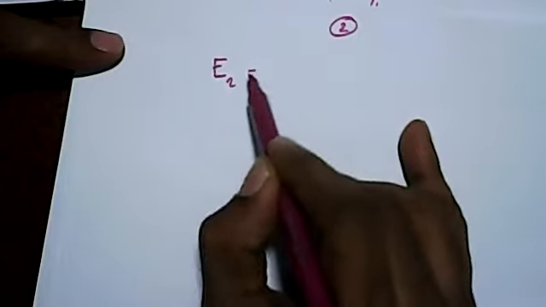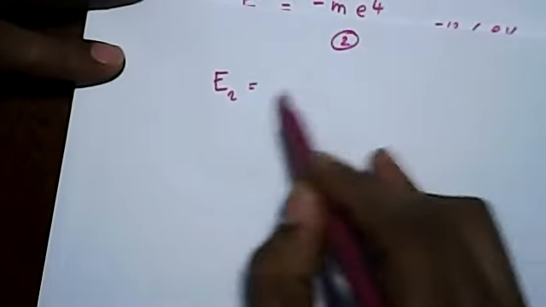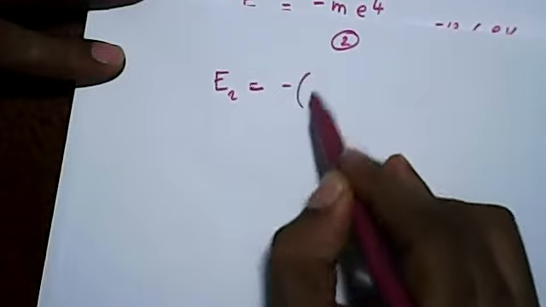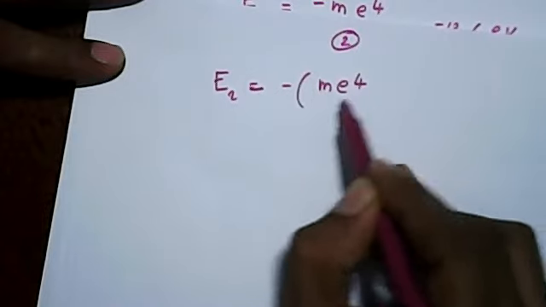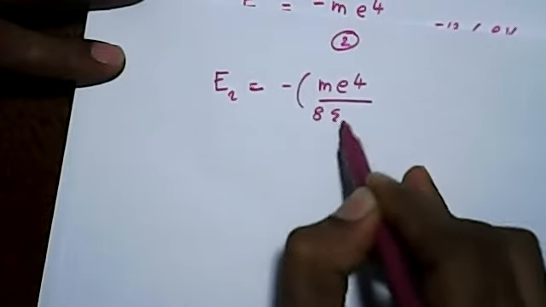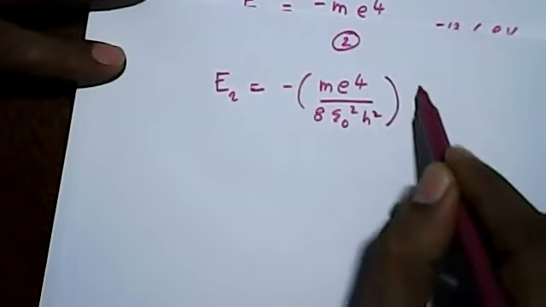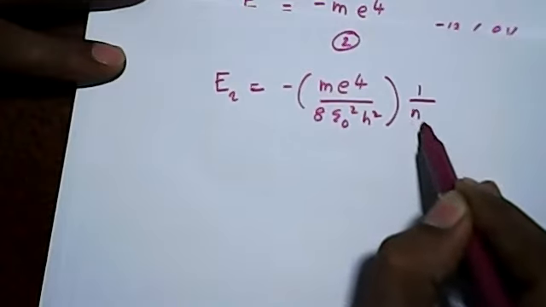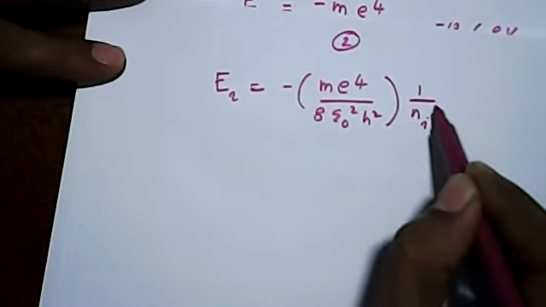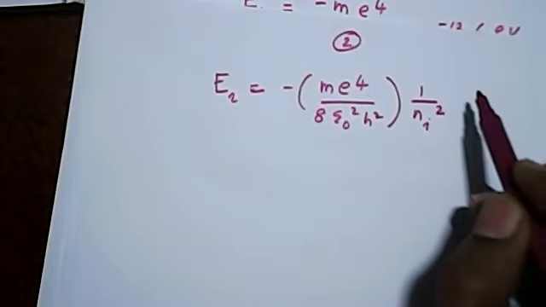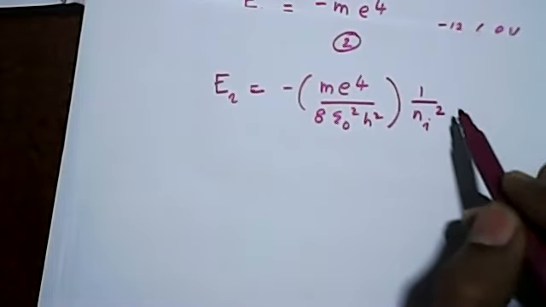Okay, let me do that. So what we are doing is, from this expression, I am writing E_i equal to minus m e to the power of 4 by 8 epsilon 0 square h square, then 1 by n_i square, where n_i is an integer.